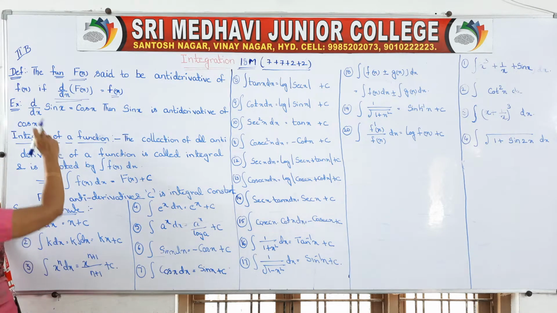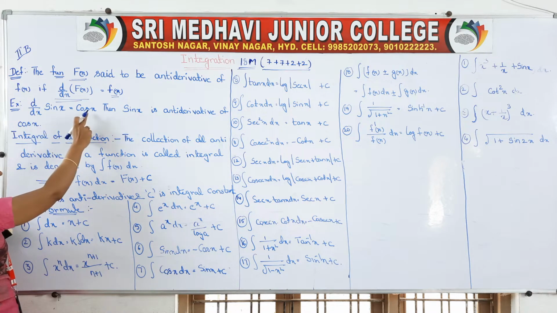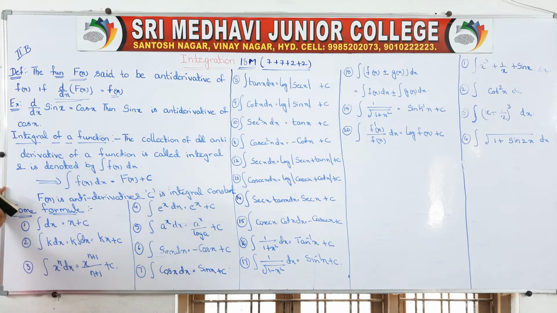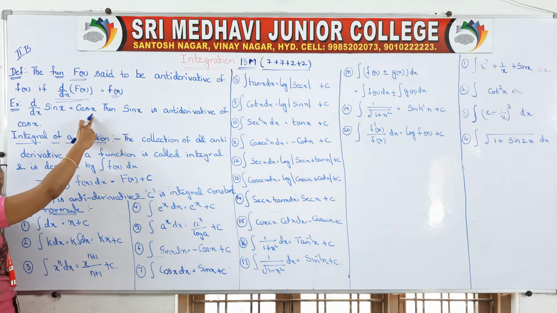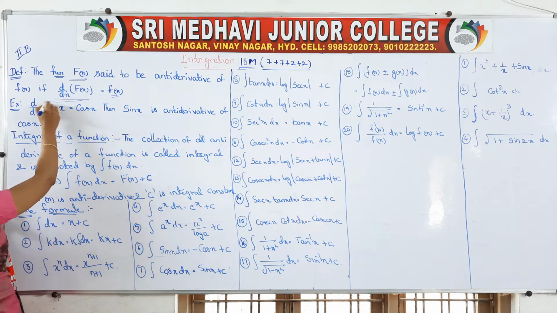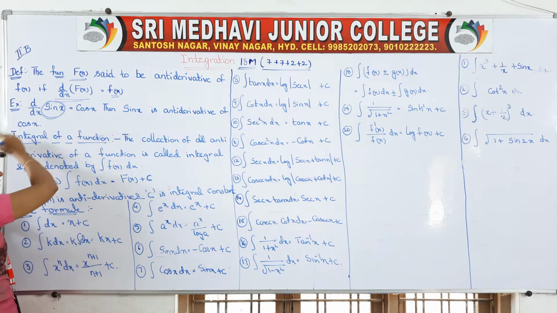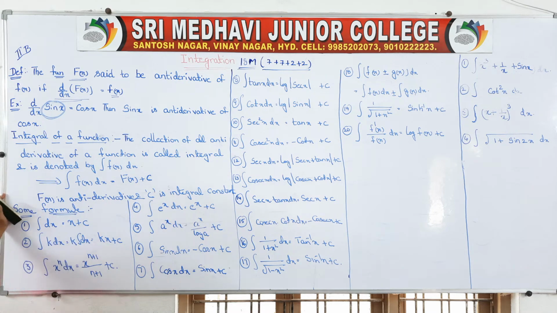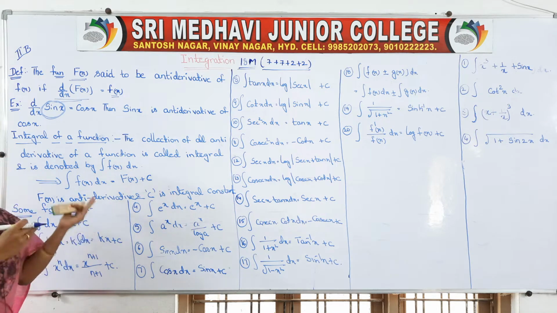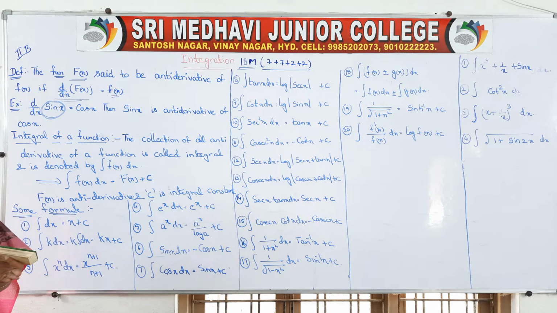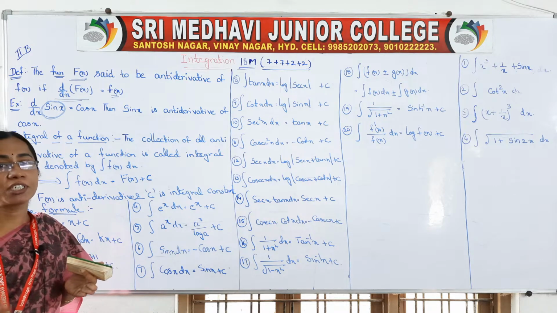So I will give one example. d by dx of sin x is equal to cos x, right? d by dx of sin x, you know it very well, is cos x. Then we can say that sin x is an antiderivative of cos x. Already we went through all the differentiation. Even in dealing with this integration, we will need all the differentiation formulas.